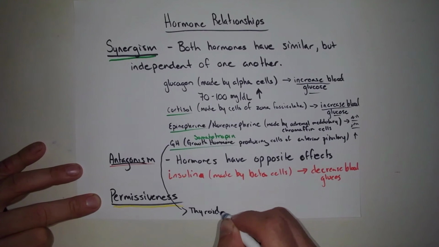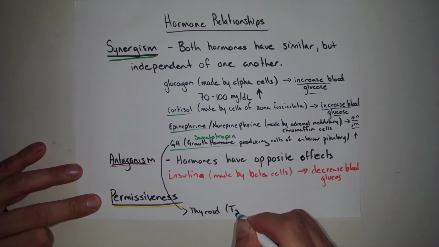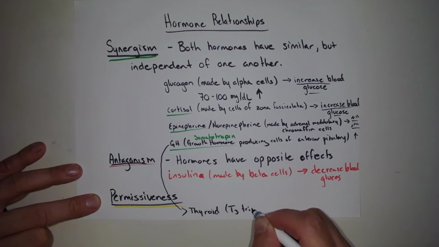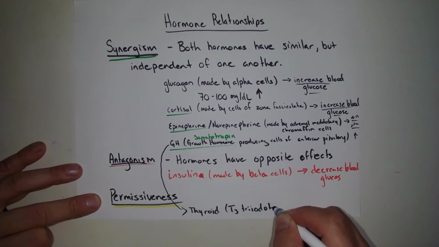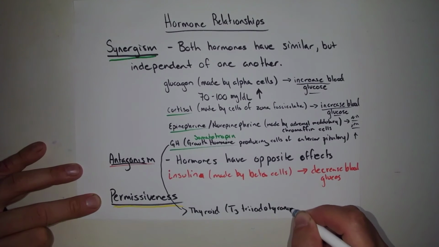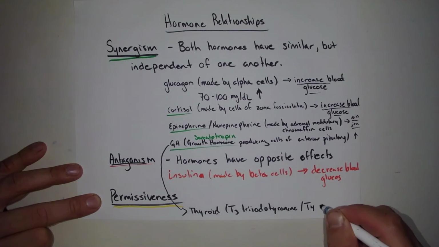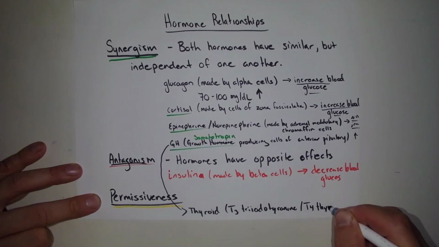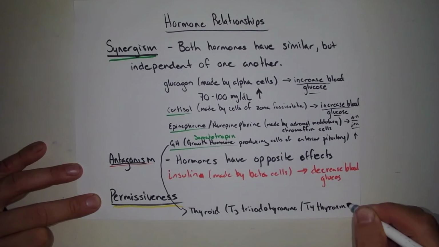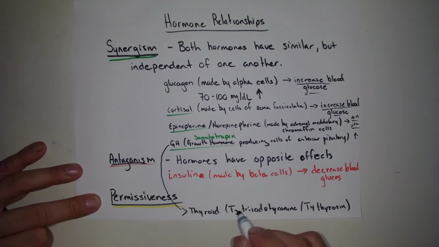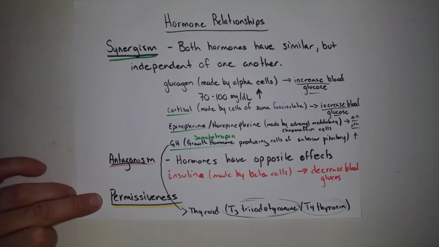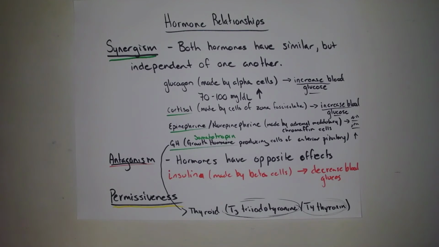And those thyroid hormones are T3, triiodotyrosine, and thyroxine, T4, is another thyroid hormone. One's found in the blood in greater concentrations, but the other one has a stronger binding affinity. I'll talk about that next, binding affinity.